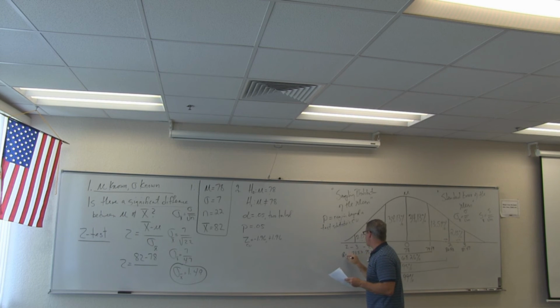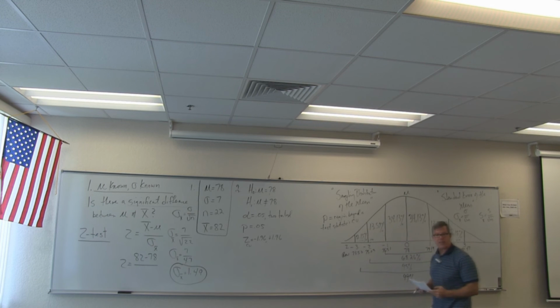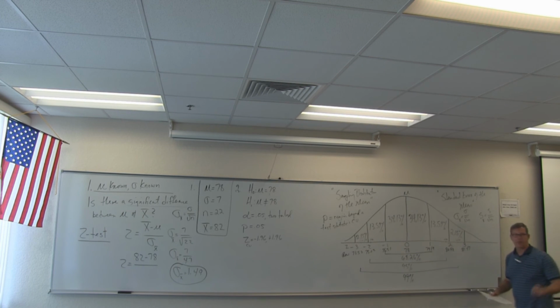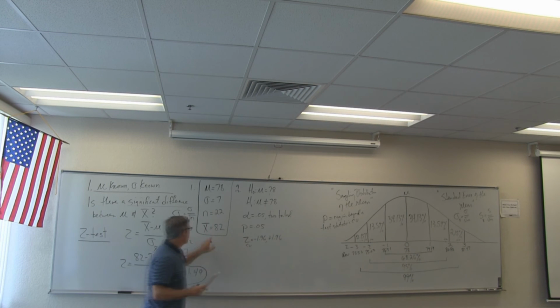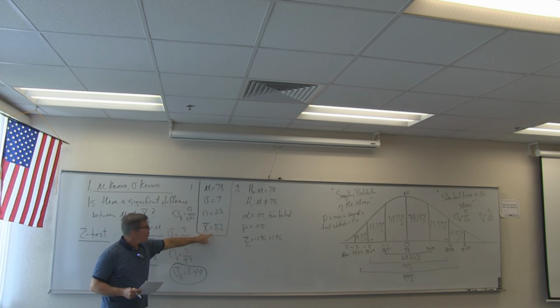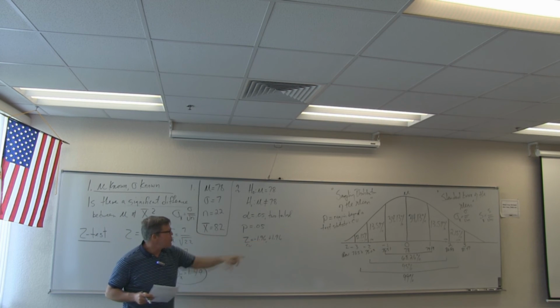We have the raw score scale and its corresponding standard scale that we call z. Now this makes things a lot easier, because now all we have to do is ask where does this individual sample mean of 82 fall on this sampling distribution of the mean?